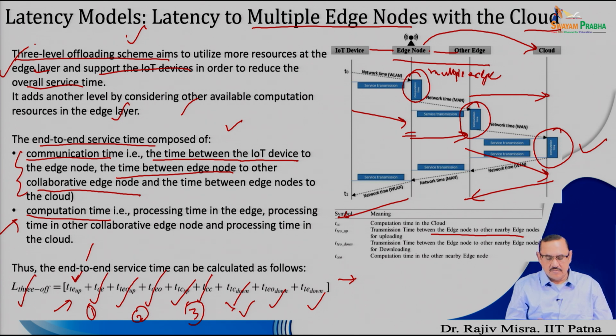That means, in the first model we saw IoT devices connected to only one edge node, which is very limited, whereas in scenarios like a mall or an airport, multiple devices can be served very fast.